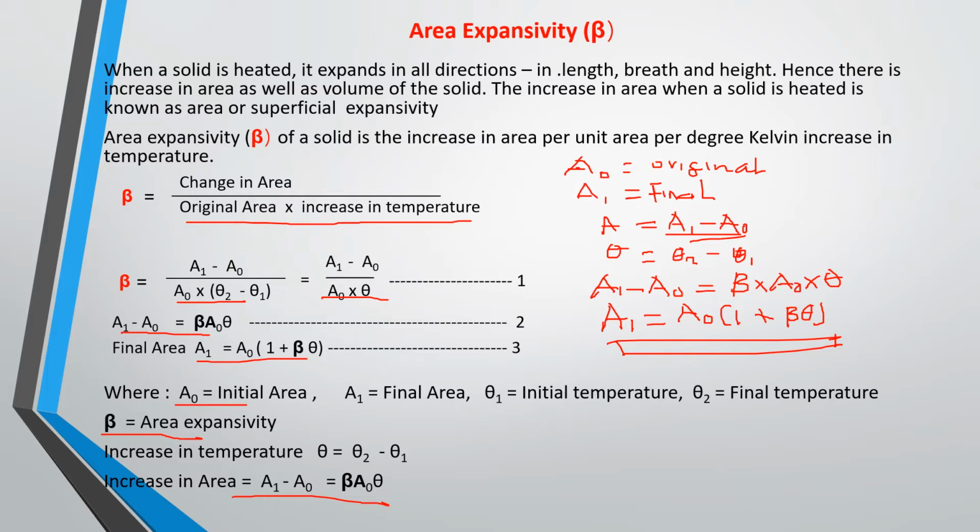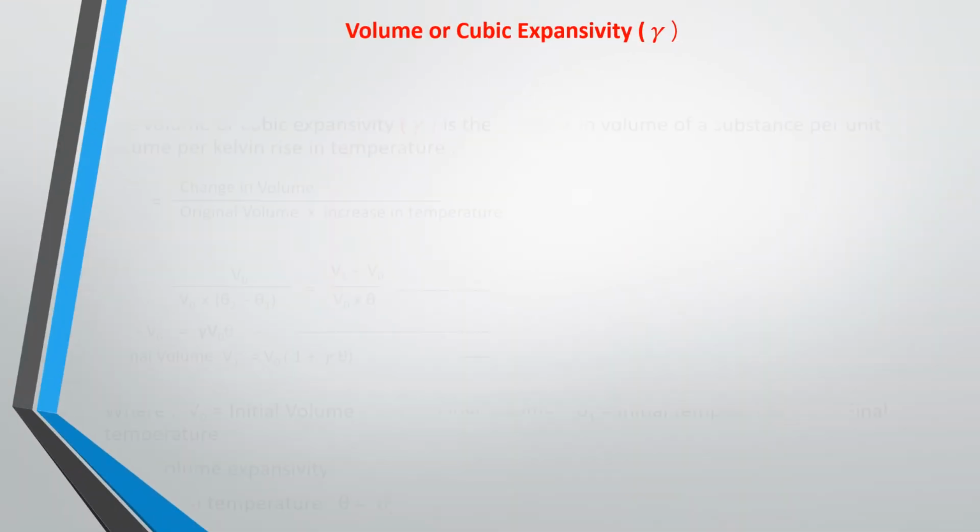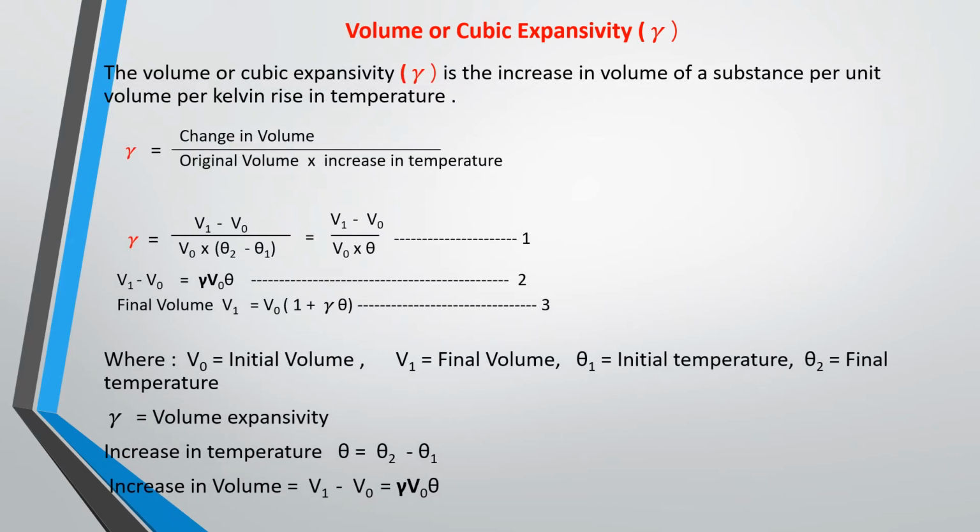Okay, so let's look at volume expansivity or cubic expansivity. Just as we did for area expansivity, that's what we also do here. The difference is that you are going to replace area with V. So if you follow through, you find out that they are exactly the same thing.